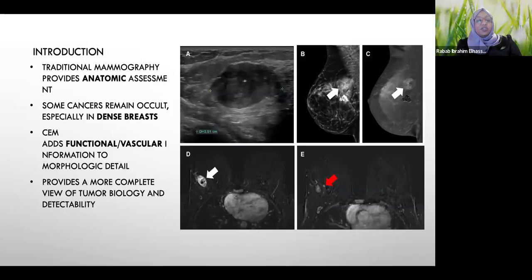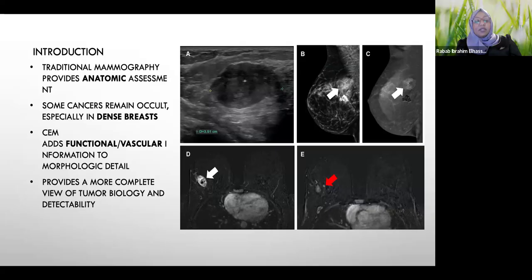Digital mammography, the traditional mammography, provides anatomic assessment of the breast, as well as ultrasound and tomosynthesis. All of these provide anatomic assessment. Some cancers remain occult, non-visible on these modalities, especially in dense breasts.